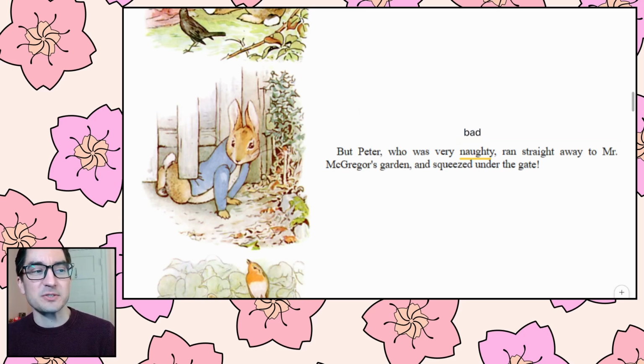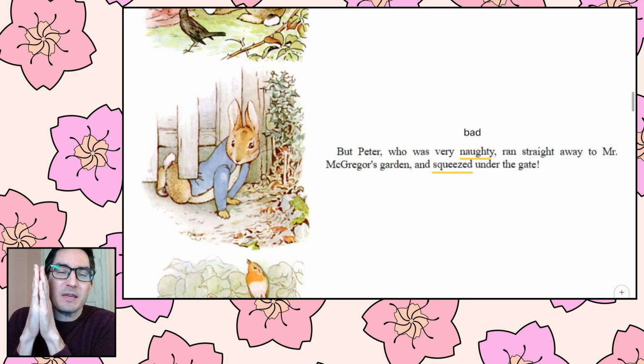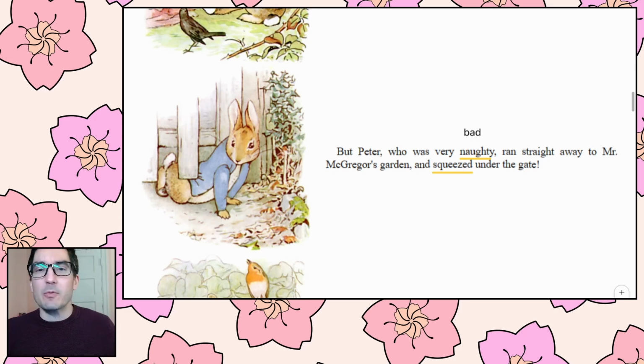He ran straight away to Mr. McGregor's garden and squeezed under the gate. To squeeze means to push something and make it smaller. So maybe he has a big tummy and he squeezes under the gate. He's trying to fit through.